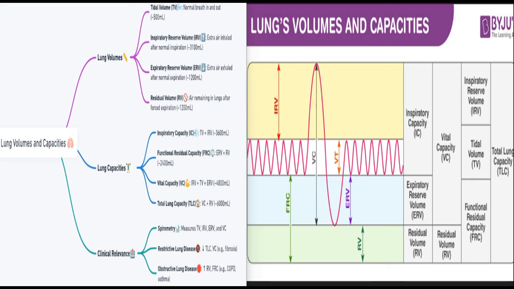Your FEV1 FVC ratio is 70%, whilst your lower limit of normal is 70%. So in this particular one, the FEV1 FVC doesn't confirm obstruction, but wait, the forced expiratory volume in 1 second being 1.19 is lower than the lower limit of normal, which is 1.82.